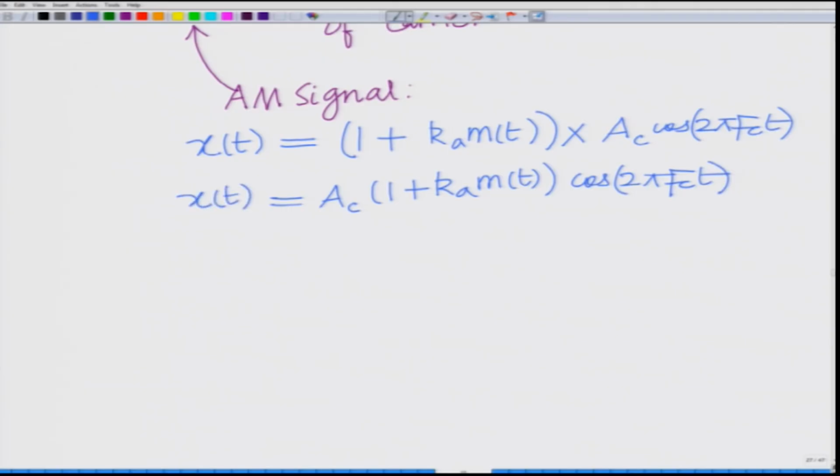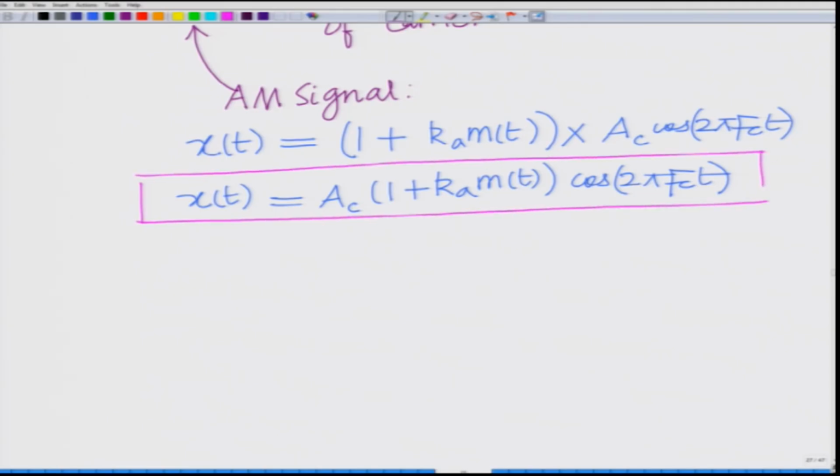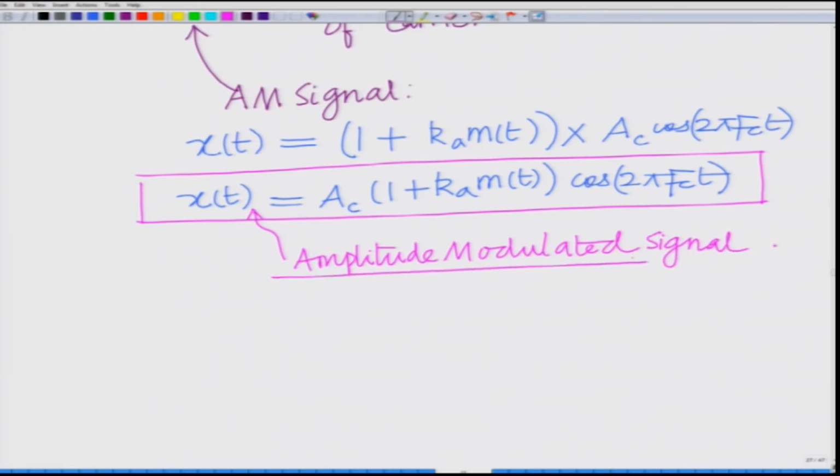This is the standard, or canonical, form of the amplitude modulated signal. Of course, we have already seen what Ac is.